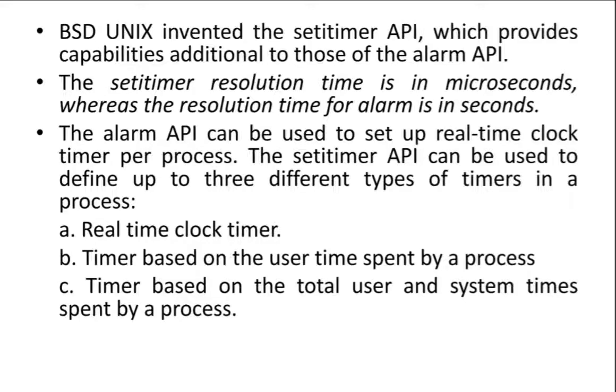What are those 3 different types of timers? As with the alarm API, here also you can set the real-time clock timer. Along with that, two others can be set in the setitimer API: a timer based on the user time spent by a process, and a timer based on the total user and system time spent by a process. First, you can set the real-time clock, same as your alarm API.